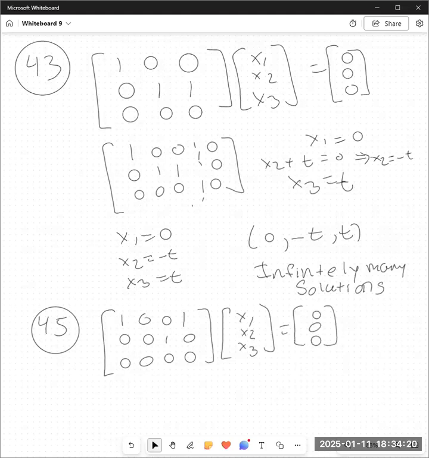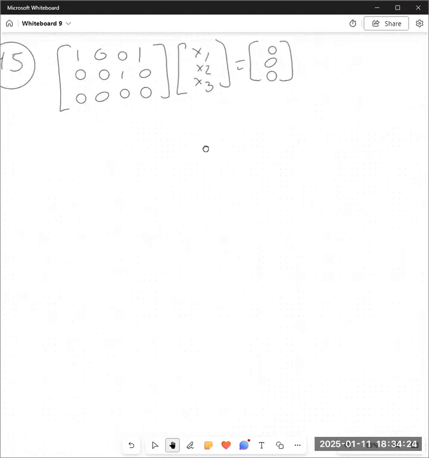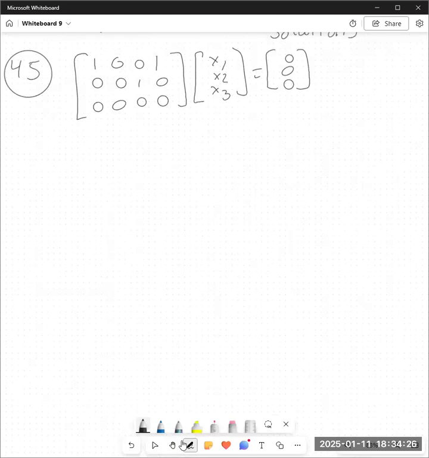So that's going to mean that I have 1, 0, 0, 1. I'm going to augment this 0, 0, 1, 0, 0, 0, 0, 0.